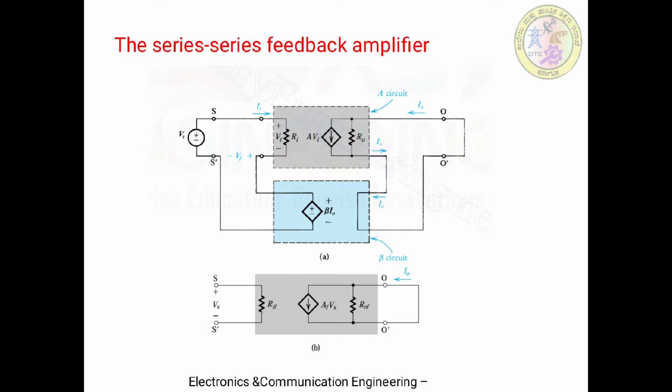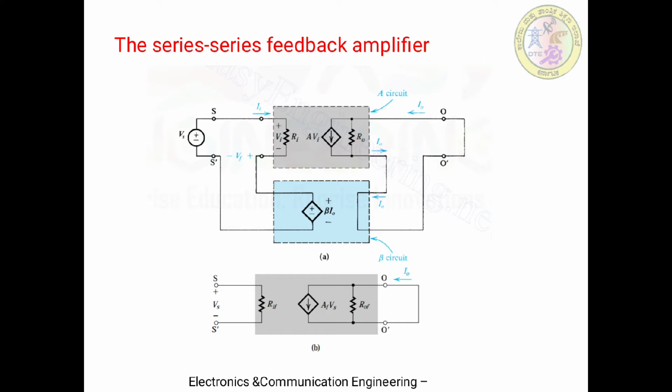So figure A here shows the ideal structure of this type of feedback amplifier, and in figure B we have an equivalent circuit. Now from figure A, we can see that the source is Vs and there is an amplifier circuit, and then there is a beta circuit.